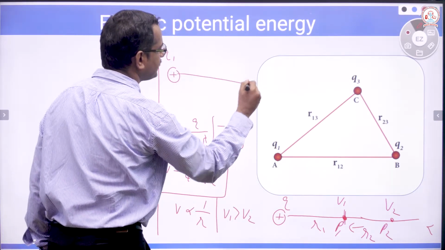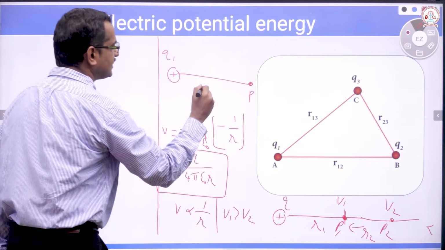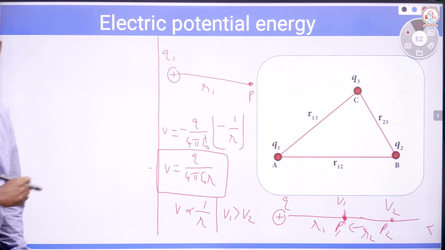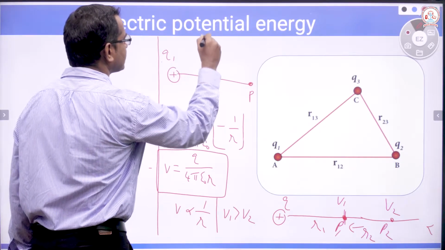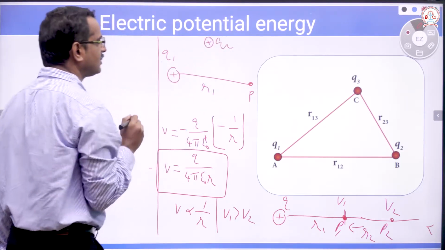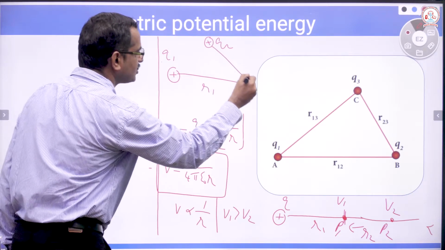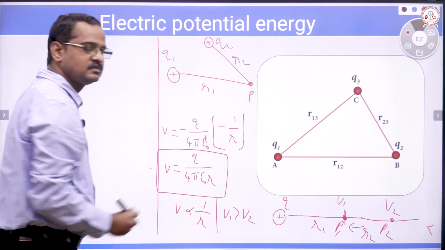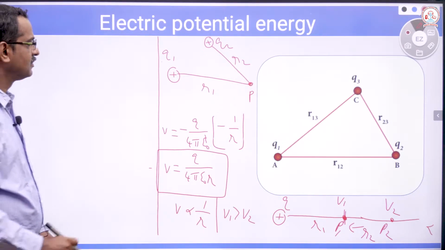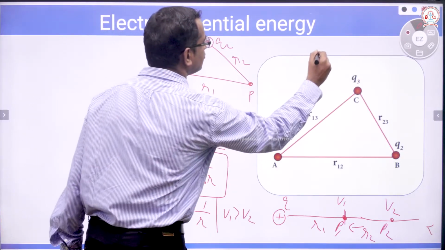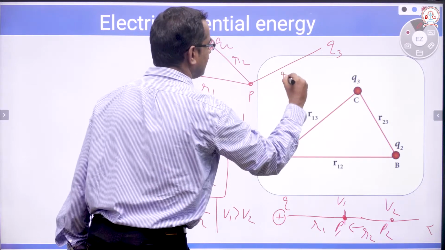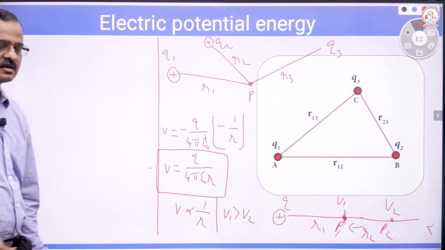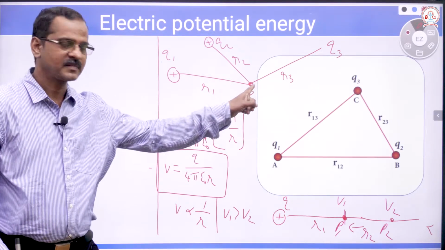Consider a point P here, which is at a distance R1. Consider another charge Q2 there, at a distance R2 from the point P. Imagine another charge Q3 here, which is at a distance R3 from here.